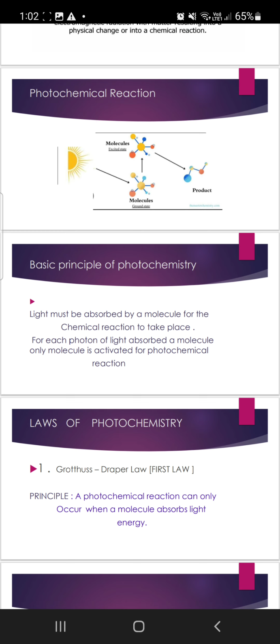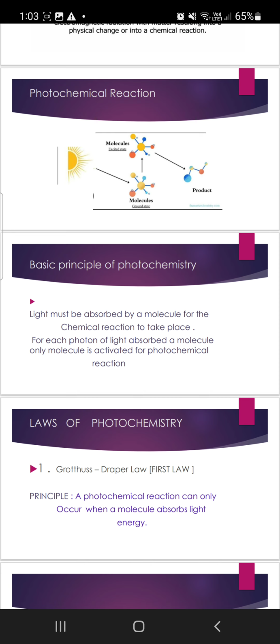For each photon of light absorbed by a molecule, only one molecule is activated for a photochemical reaction. That is, when a molecule absorbs a photon of light, only that molecule is activated, resulting in a photochemical reaction. This is the basic principle of photochemistry.